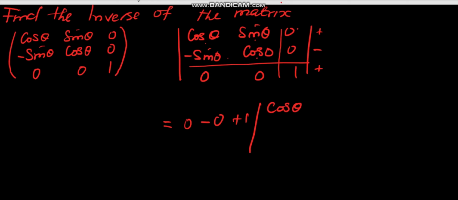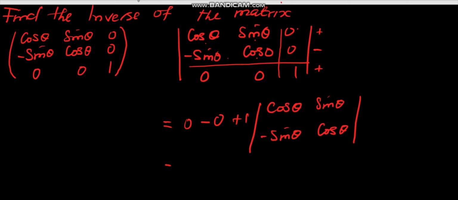So cos theta, sin theta, negative sin theta, and cos theta like this. Then the determinant of a 2 by 2 matrix is basically the major diagonal minus the minor diagonal.